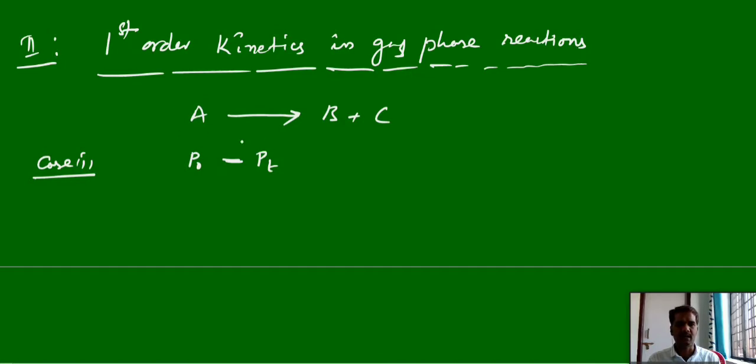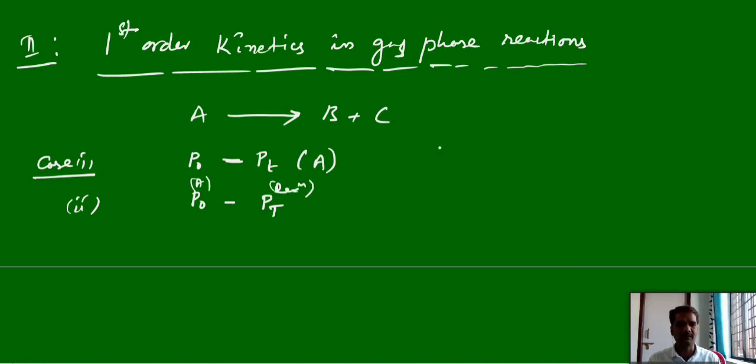Initial pressure and pressure at a time t, only with respect to A. And in case 2, they may give the initial pressure of the reactant, then the total pressure of the reaction. In the previous case, both pieces of information were with respect to the reactant; here the initial pressure is with respect to A, but P total is with respect to the reaction.